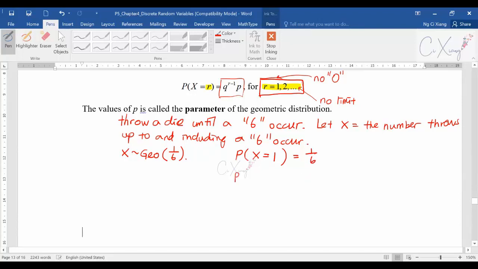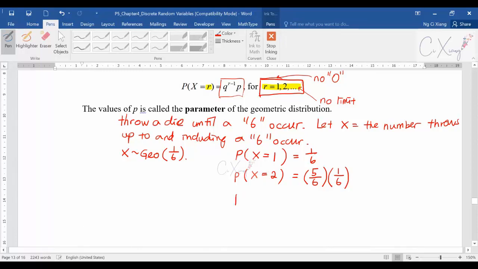Then if I throw the die 2 times before I get a 6, the first time I didn't get a 6, the second time I get a 6. If the first time I didn't get a 6, I get other numbers, so the probability is 5/6. And then the second time you get the 6, so the probability is 1/6.